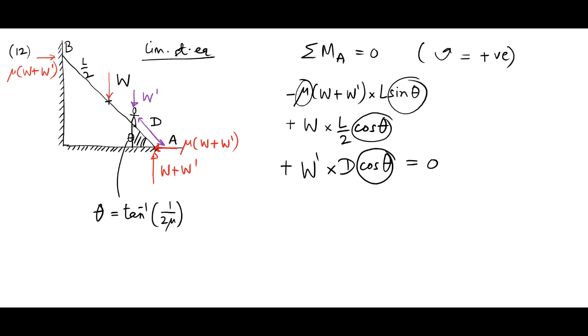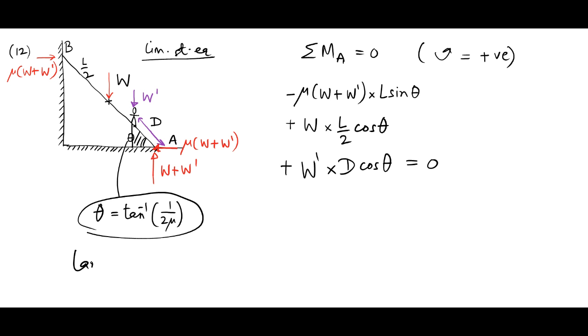So what I can do is convert mu into theta. It's quite easy to do that. You just modify this particular equation by taking the tan on both sides. You get tan of theta is equal to tan of tan inverse of 1 upon 2 mu. You just think over it, it turns out to be 1 upon 2 mu.